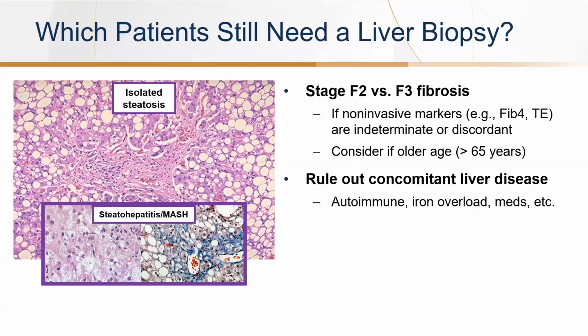If you're over 70, the results are not as accurate. Also, you might want to look at other tests for things like iron overload, which is common in hemochromatosis, autoimmune hepatitis, which is difficult to diagnose without a biopsy, and effects of medications or other bacterial issues, cancer, things like that.